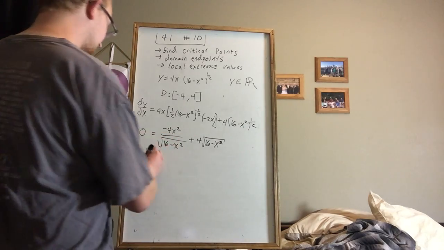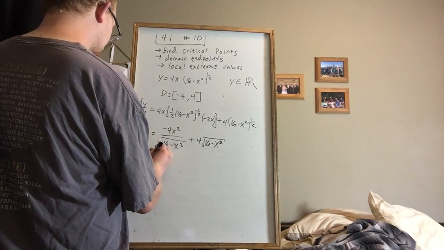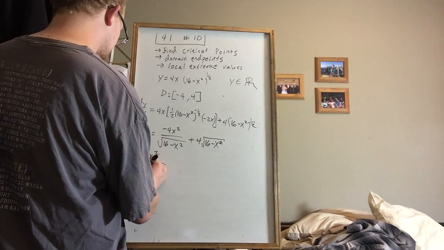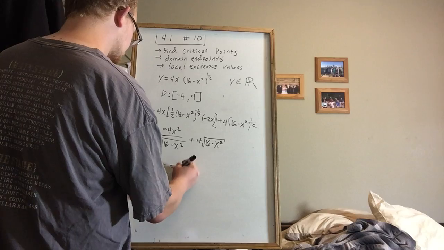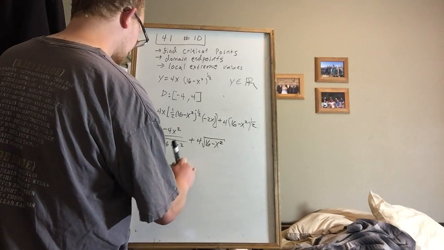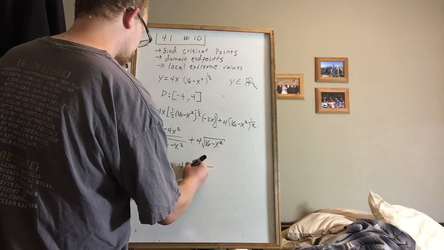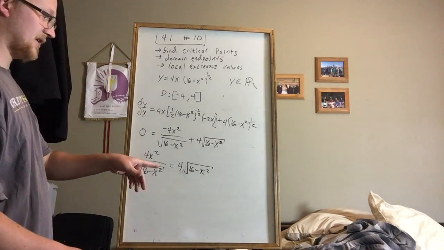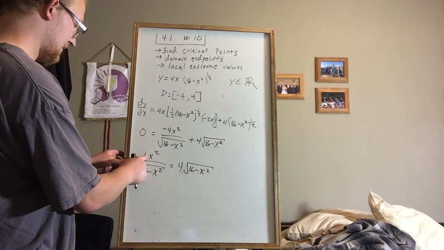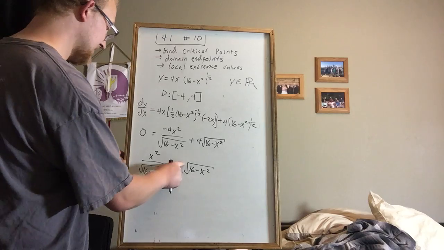Let's add this term over here. 4x squared over the square root of 16 minus x squared equals 4 times the square root of 16 minus x squared. So right away we see that we could divide both sides by 4 and get rid of the 4s.